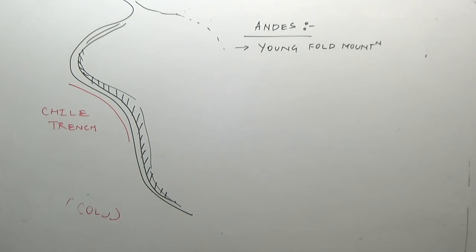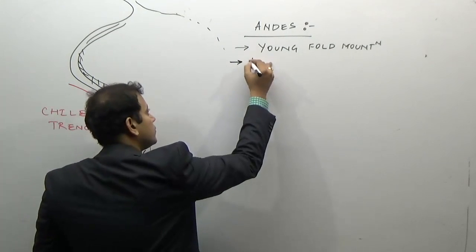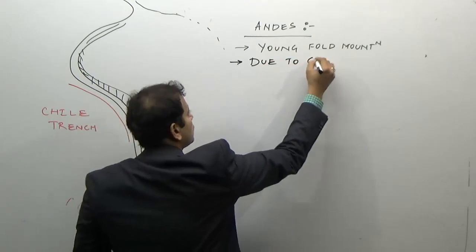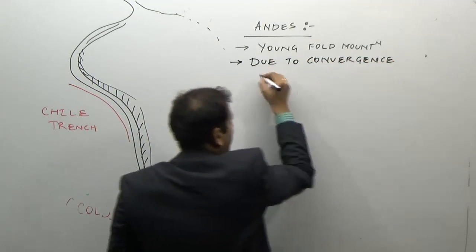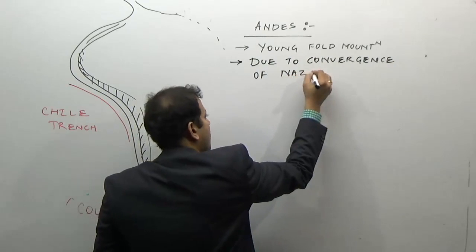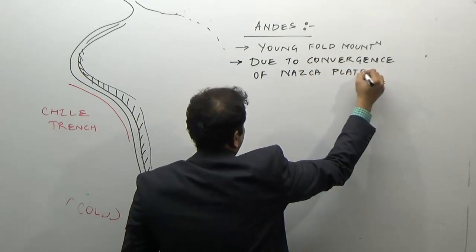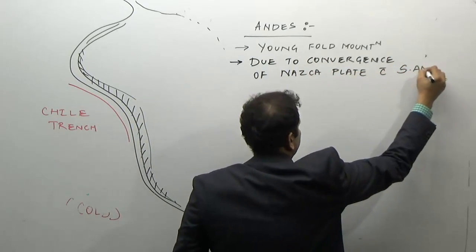These are the young fold mountains which are formed due to the convergence of the Nazca plate with the South American plate.